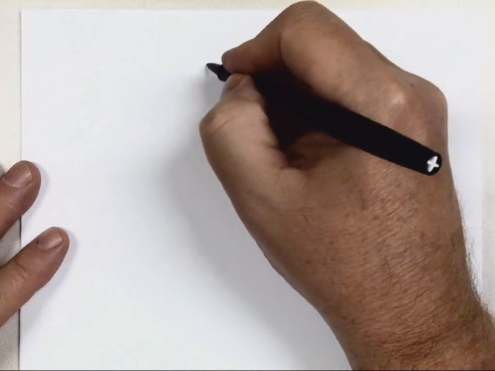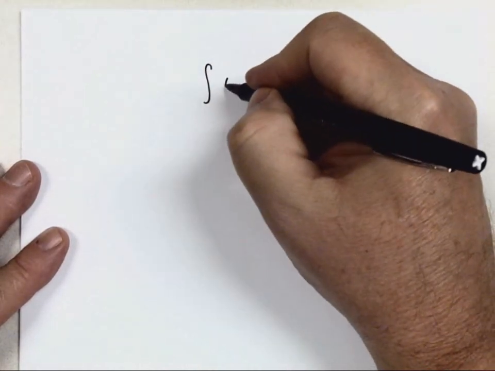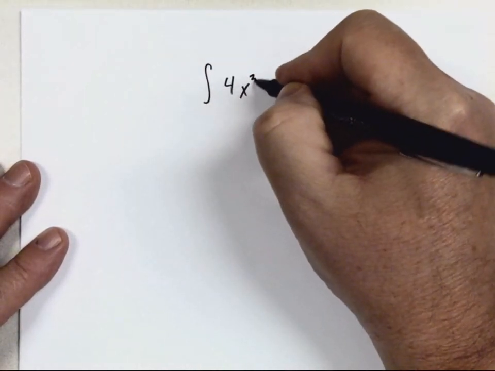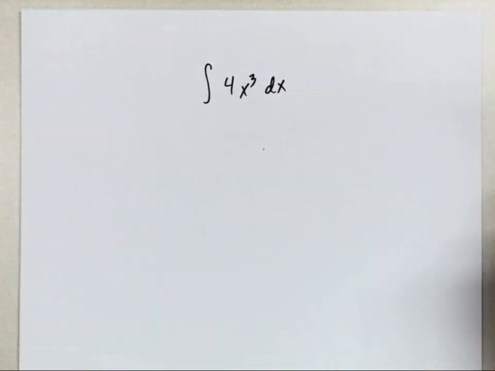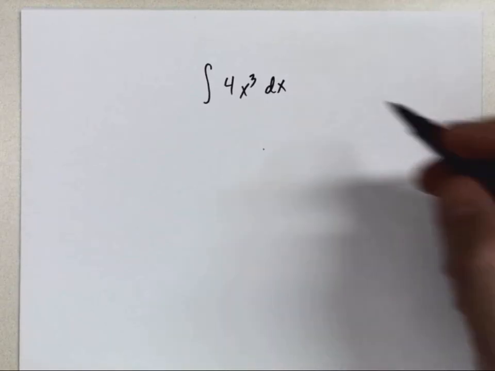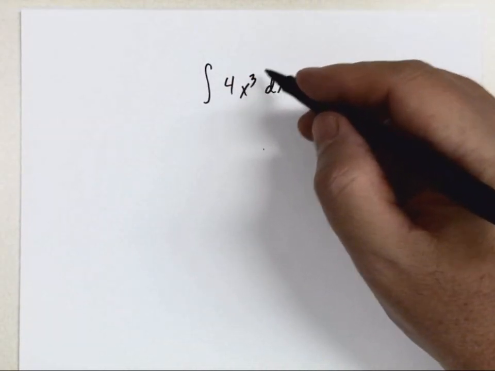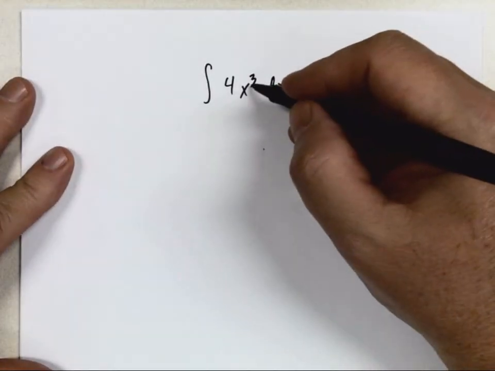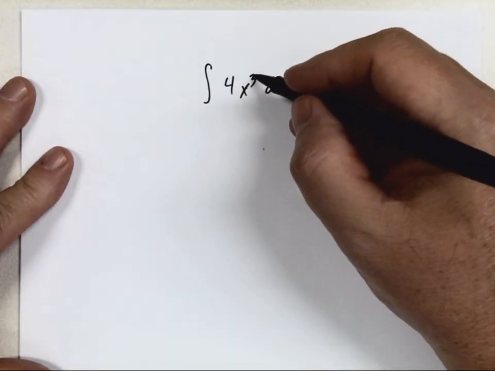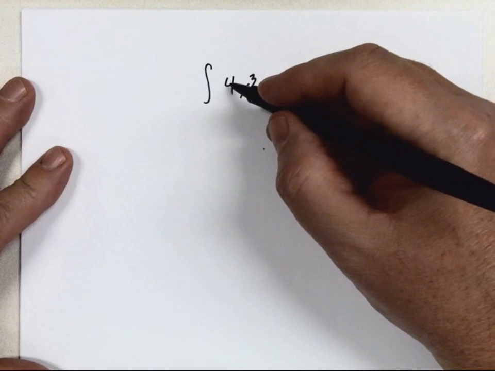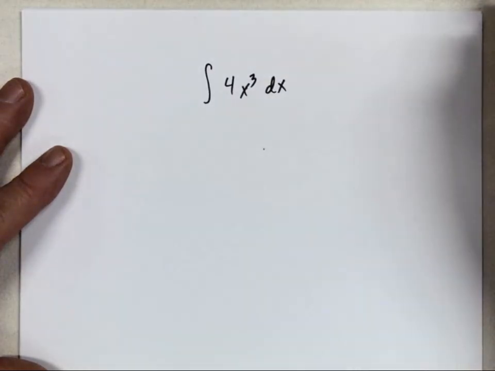For example, the integral of 4x cubed dx. I can use the power rule for x cubed. This coefficient, when it's a number, it just sort of tags along.